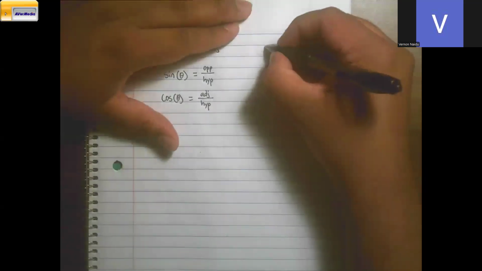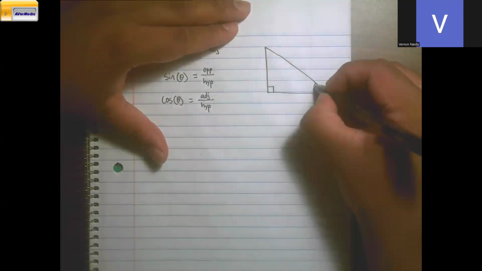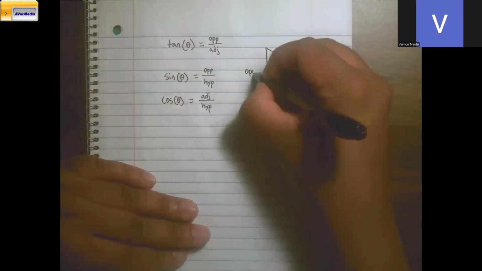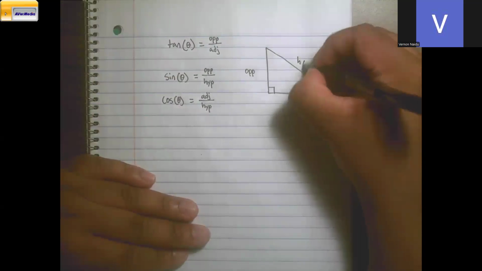So if we have a triangle like this, it's a right triangle. Let's call this our reference angle. This side is going to be the opposite side. This is going to be the adjacent side. And then this is going to be the hypotenuse.